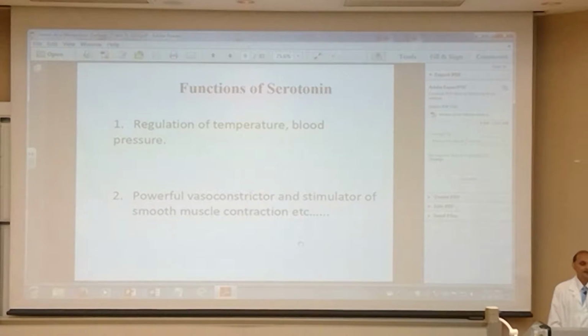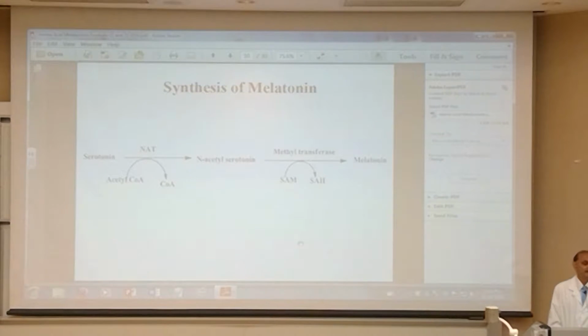Serotonin regulates blood pressure and temperature, and also it's a powerful vasoconstrictor and stimulator of smooth muscle contraction. There are several other functions, but these are the main functions that we look at. Synthesis of melatonin involves the key step of converting serotonin into N-acetyl serotonin.